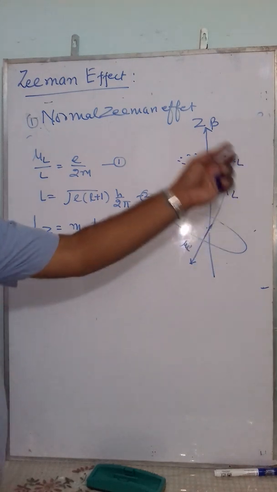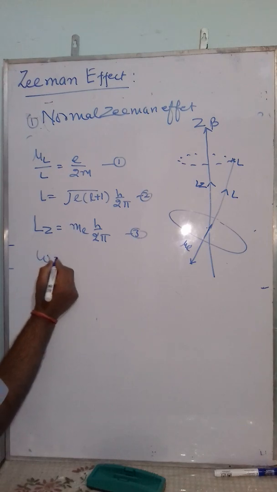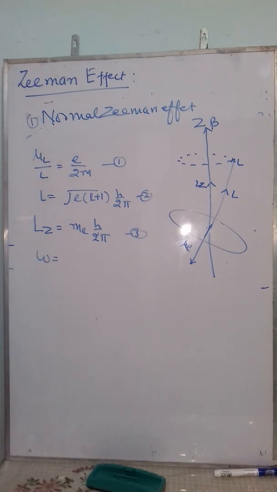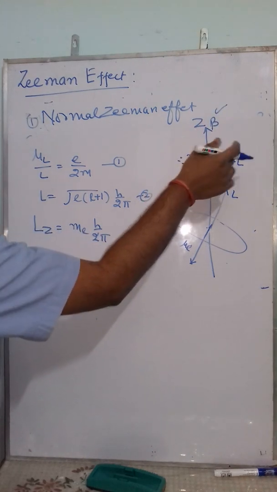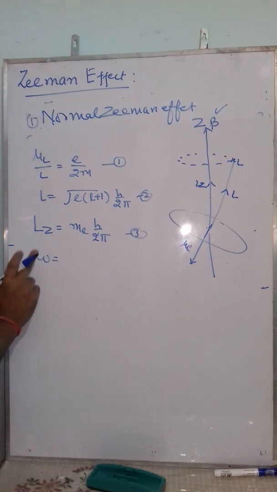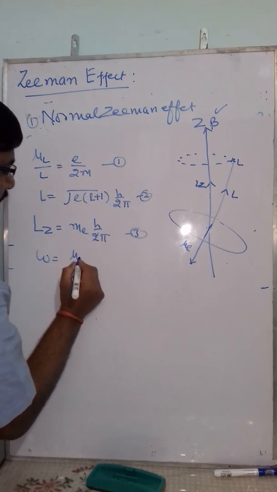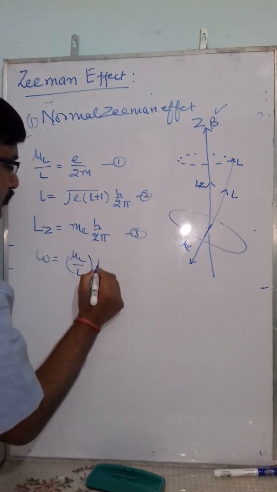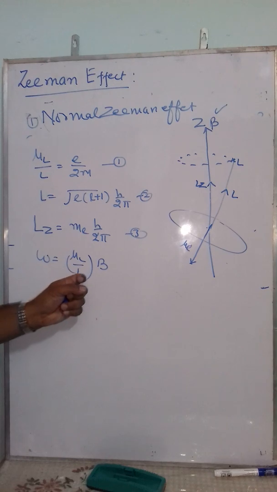Now the angular frequency omega is given as mu L upon L. If this is placed in a magnetic field B, then it will precess with the Larmor frequency, and the frequency of that precession omega is equal to mu L upon L into B. This I had shown you in the earlier videos.